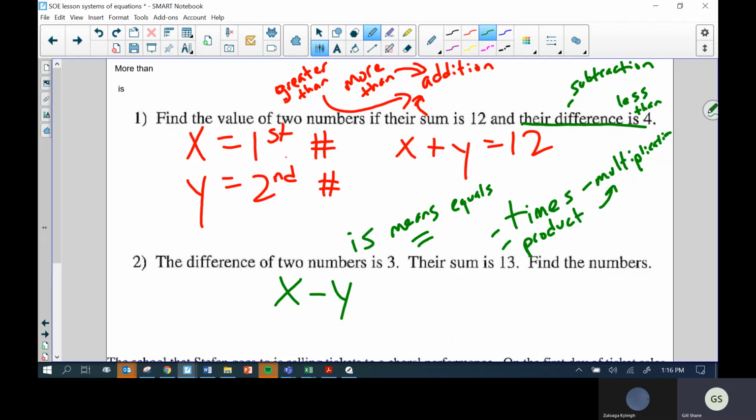We're subtracting y from x. They didn't tell us that, so we can put it in any order. And then it says their difference is 4. The word problems tell you exactly what math you need to put in the equation.